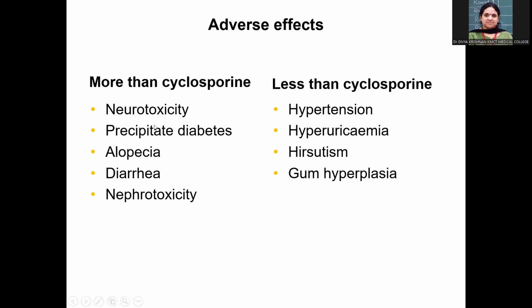Adverse effects like neurotoxicity, the propensity to cause diabetes, alopecia, diarrhea, and nephrotoxicity are more than with cyclosporin, whereas the risk of hypertension, hyperuricemia, hirsutism, and gum hyperplasia is comparatively less than cyclosporin. But all these ADRs are present in tacrolimus as well. When you compare with cyclosporin, the incidence may be comparatively less or more.